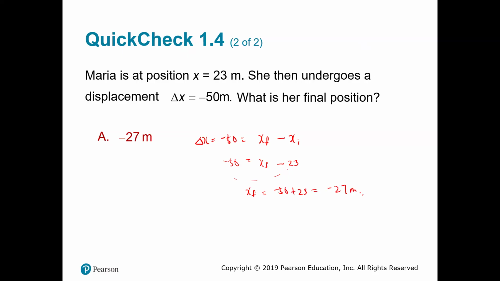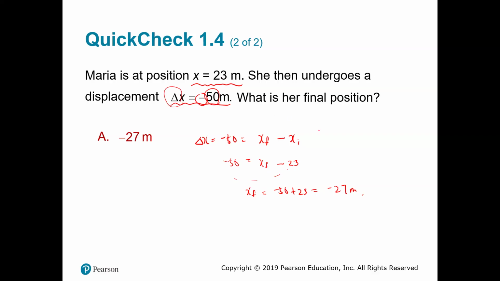You can also solve it conceptually. This is the initial position of Maria, right? So what is the physical meaning of displacement? In the direction to the left, how much? 50, right? Displacement minus 50 means the object is moving to the left 50 meters.